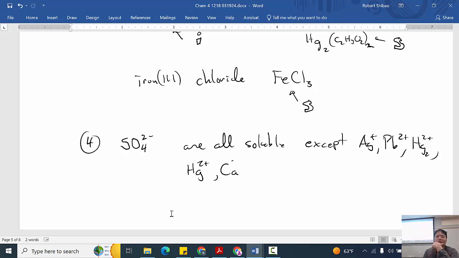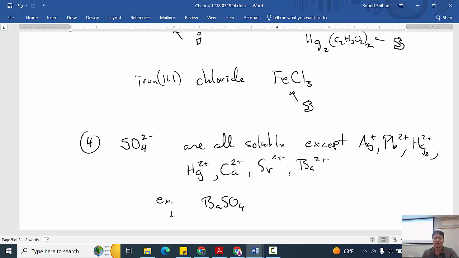Charge? Yeah. Strontium, charge? Same, this is in the same family. Barium, 2 plus. How about this?